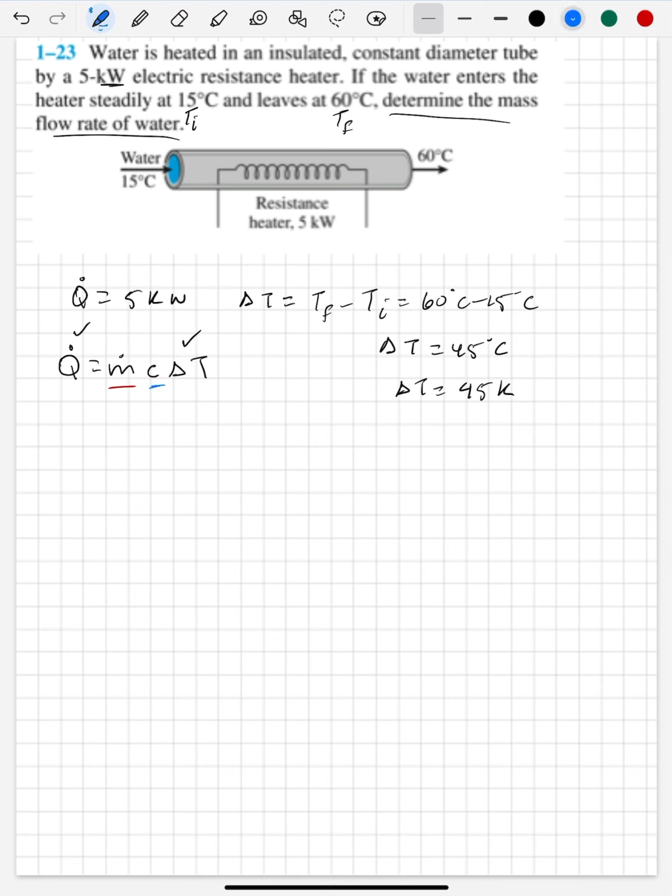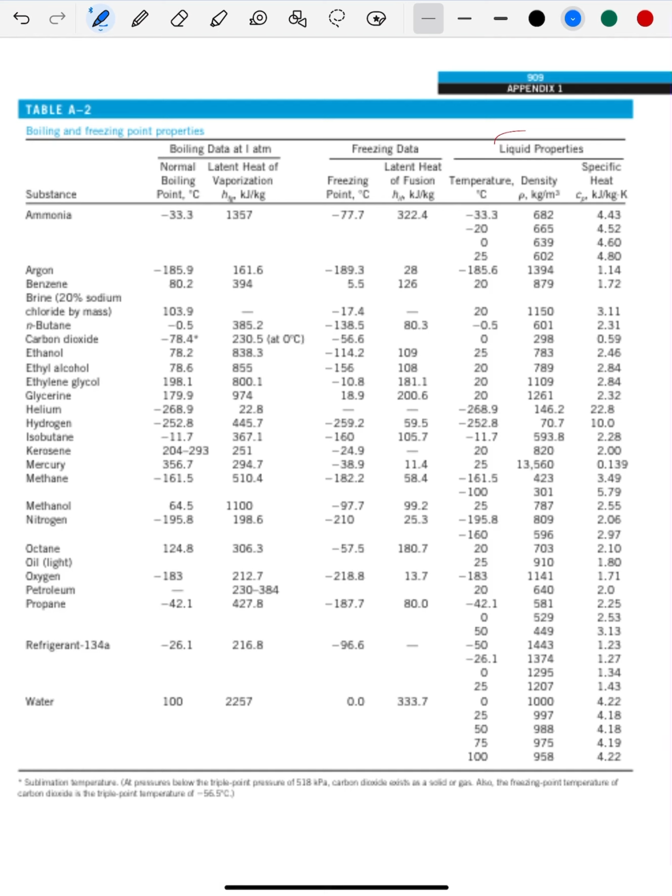Technically, we don't, but we do have a table to which we can go and look for it. For this problem, we're just going to assume water is right here, and take the value of 4.18. We're just going to say this is at room temperature.